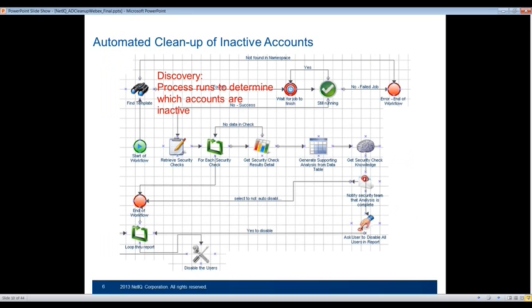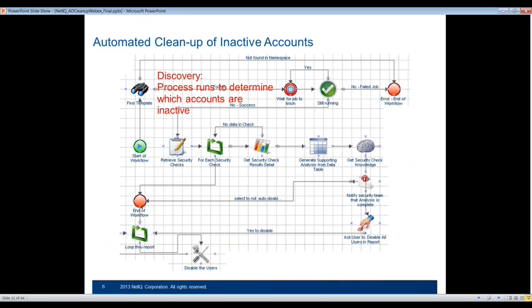So the first of which will be discovery, and we can see in that discovery process that the first thing is to determine, in this case, which accounts are inactive. And like I said, that's based upon your definition of inactive. So 30 days, 60 days, 90 days, whatever the case may be.